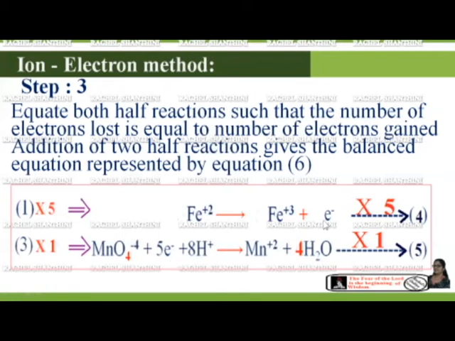So to equate the number of electrons, we need to multiply equation 1 by 5 and equation 3 by 1. After multiplying equation 1 by 5, we represent that equation as equation 4, and after multiplying equation 3 by 1, we represent that equation as equation 5.